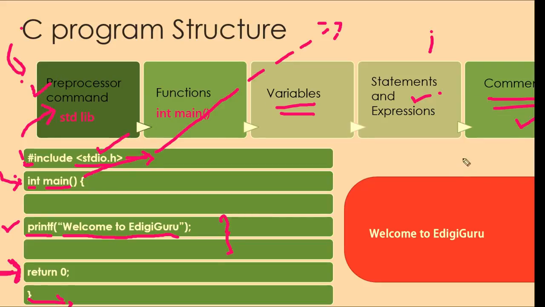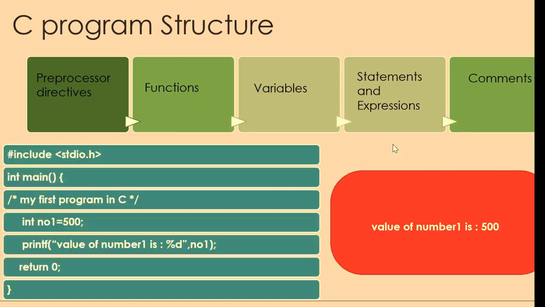I will just show you another example. Okay, this is another example. This hash stands for preprocessor directives. Any statement that starts with hash is called a preprocessor directive, and these are nothing but the standard libraries we include into our program.